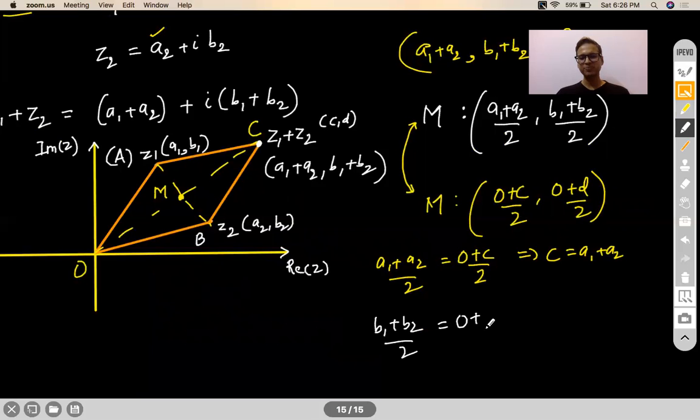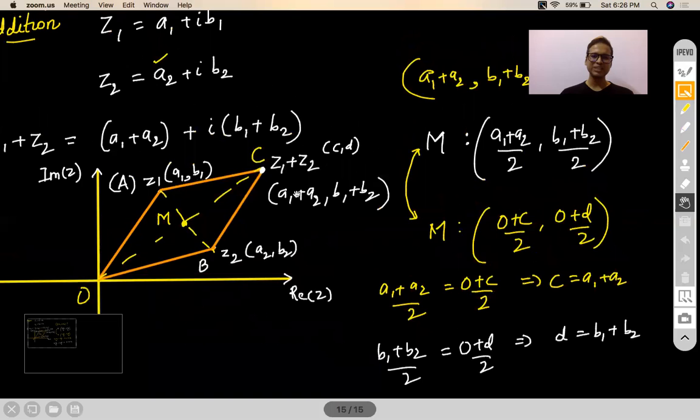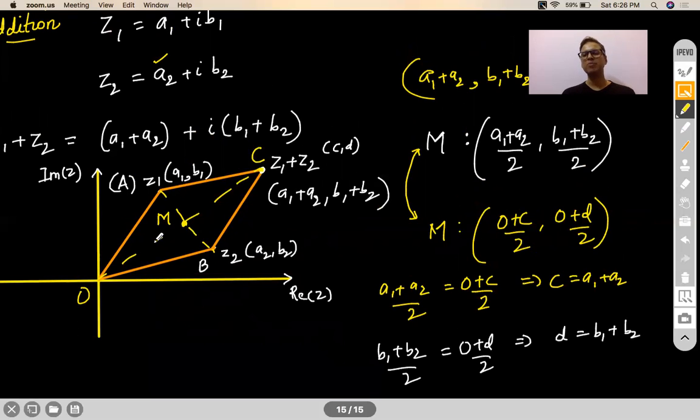That will give me D as B1 plus B2. And hence my assumption that this point C will be A1 plus A2, comma B1 plus B2 is absolutely spot on. And this point will represent the sum of the complex numbers Z1 and Z2. Right?